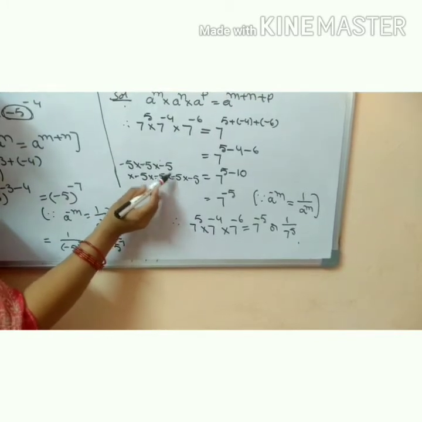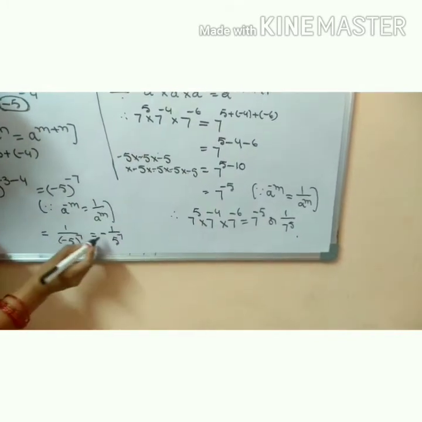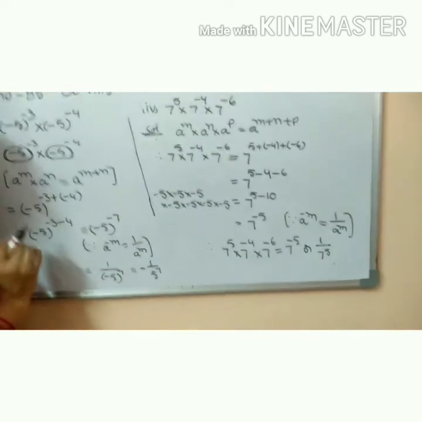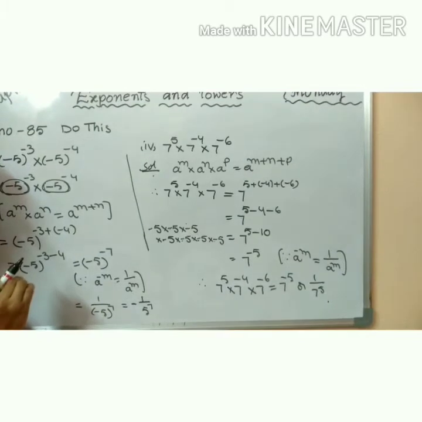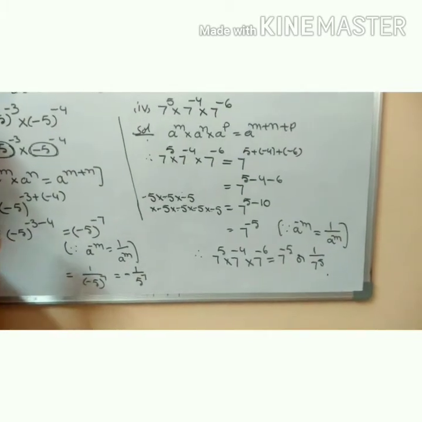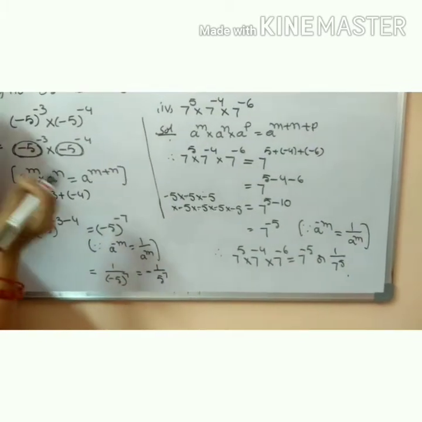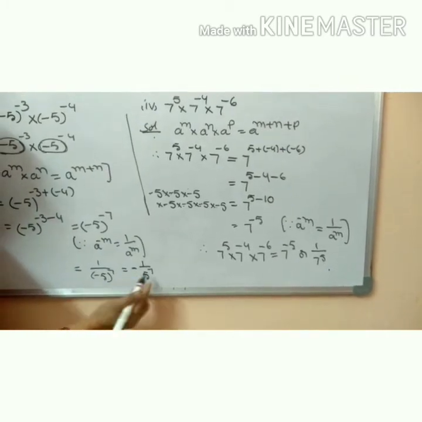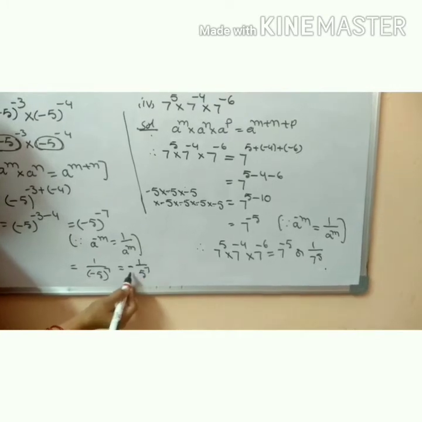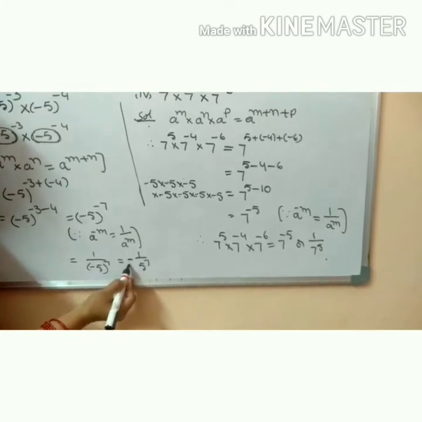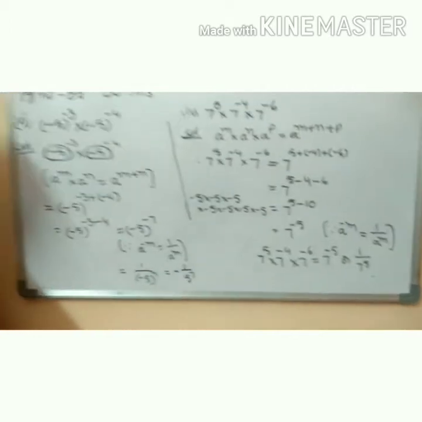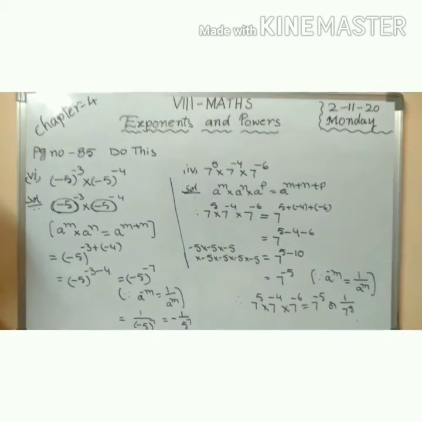Finally they will write here minus. Okay. So observe that if any negative base has an odd number power, we get the answer negative, or if it is an even number, then you will write here positive. Okay, did you understand? Okay, understand children? Okay. Next continuation, exercise 4.1.